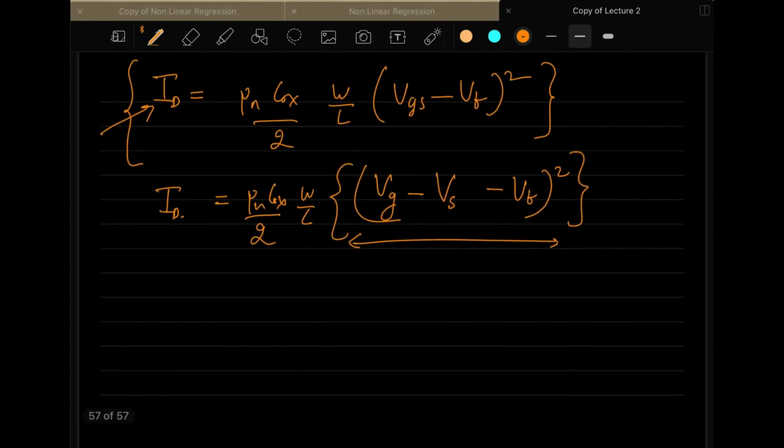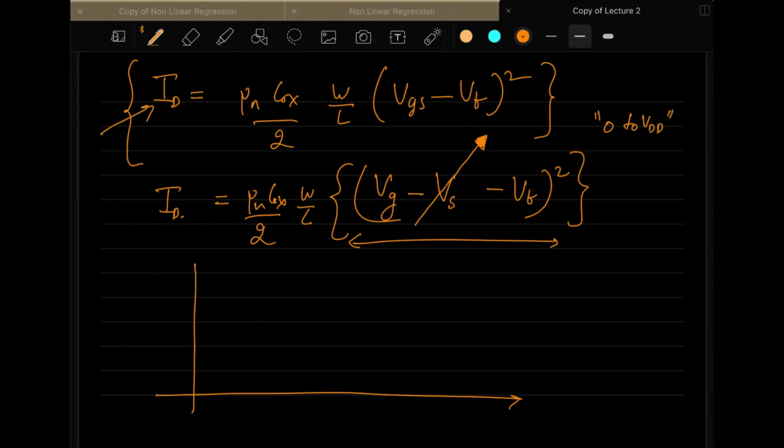If you see the behavior of the drain current as you increase Vs, the source voltage, from 0 to VDD, then this term is subtracting from Vg minus Vt. You can write it like this, right?